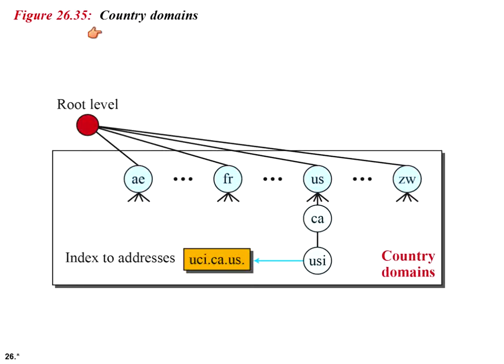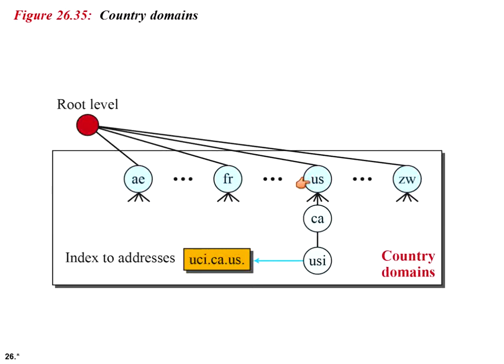Now we have country domains. The country domain section uses 2-character country abbreviations. For example, US for United States. Second labels can be organizational or they can be more specific national designations.